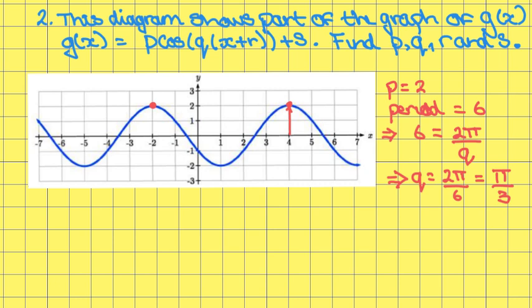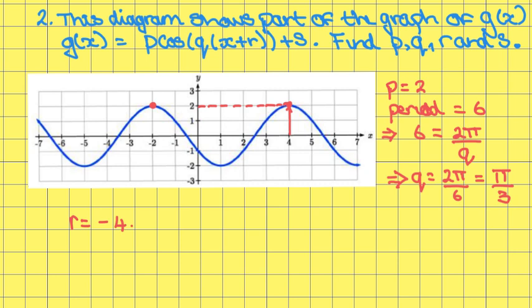I always tend to move it to the right. So the phase shift is this distance here, which is 4. Because it has gone to the right, r, the phase shift, is equal to minus 4.